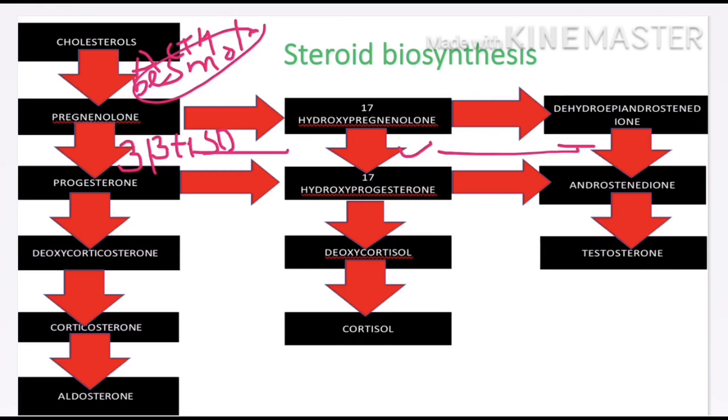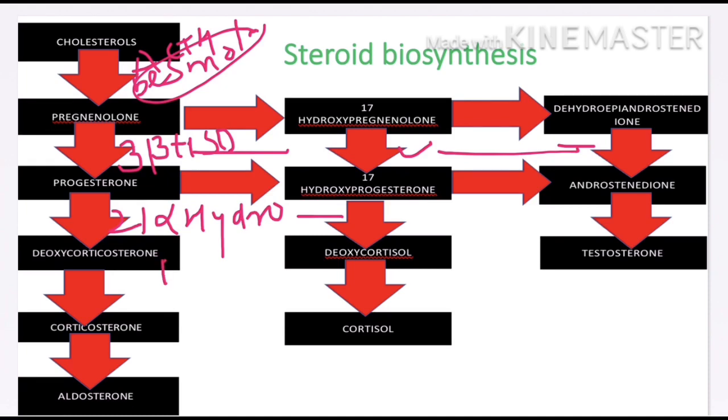Now progesterone and 17 hydroxyprogesterone both get converted. Progesterone is converted into deoxycorticosterone in the presence of 21 alpha hydroxylase enzyme. Similarly, 17 hydroxyprogesterone is converted into deoxycortisol.